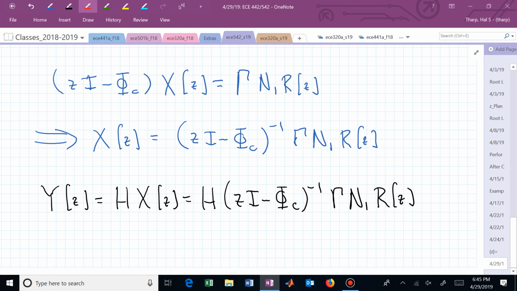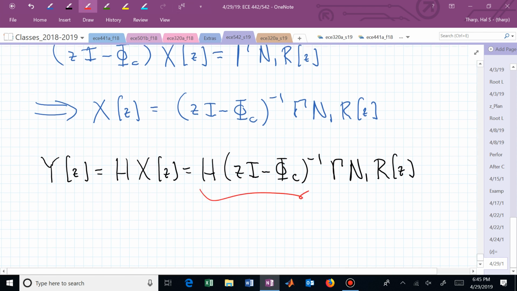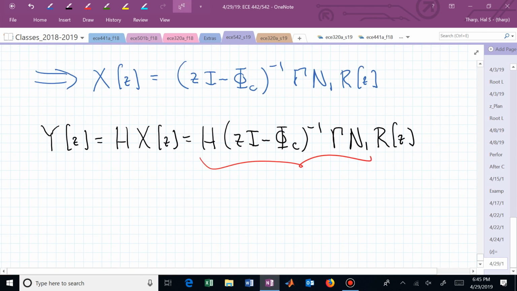And I hope that you can now see that the closed loop transfer function with reference input, non-zero reference input, is right there. T sub c of Z is in fact H Zi minus phi sub C inverse gamma n1. The closed loop dynamics are hidden inside this phi sub C matrix.